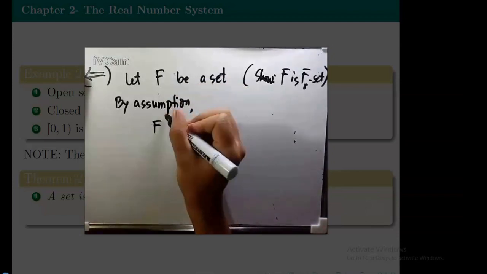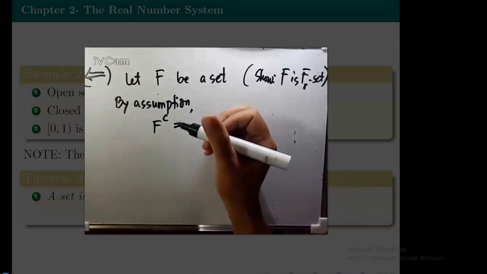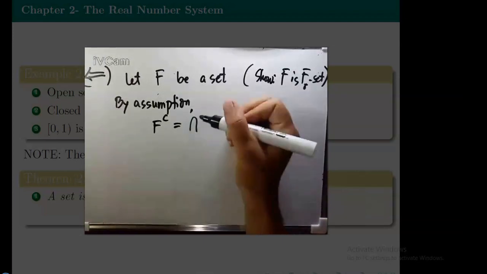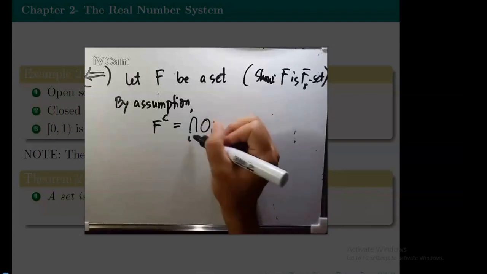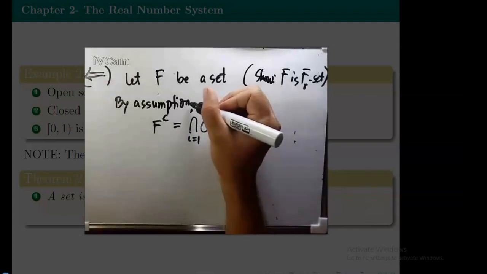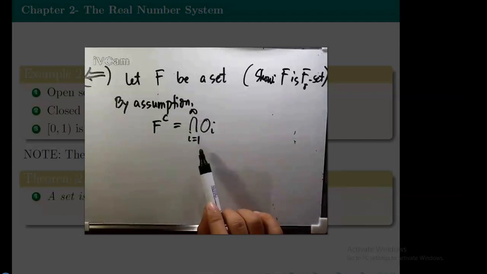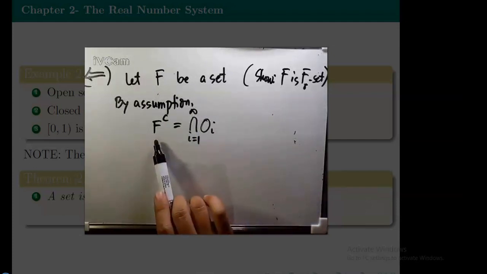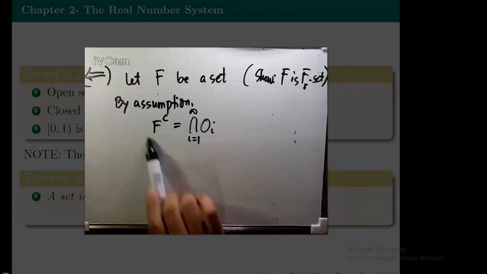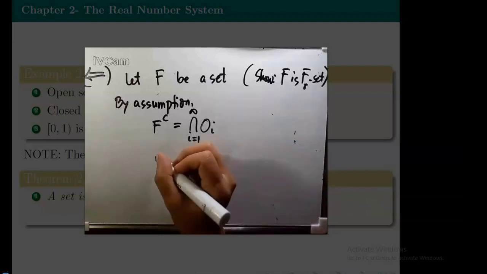So by assumption, we have the complement of this set is equal to the countable intersection of open sets, say for example O sub I, where I is from 1 to infinity. So the complement of this set is a G delta set. That is our assumption. To get F, we will take the complement of both sides.